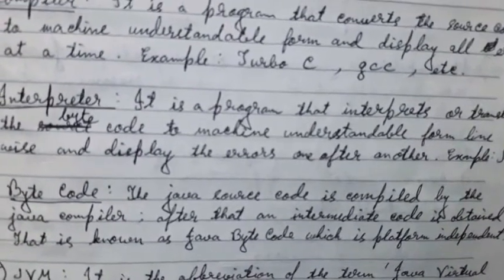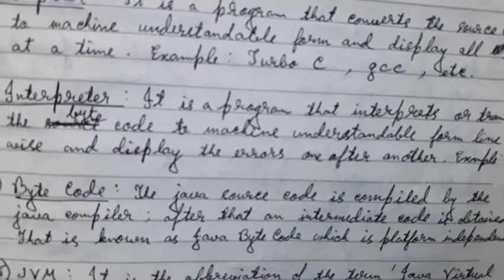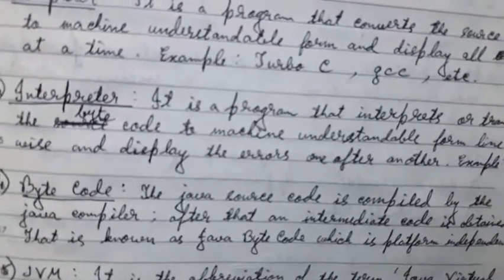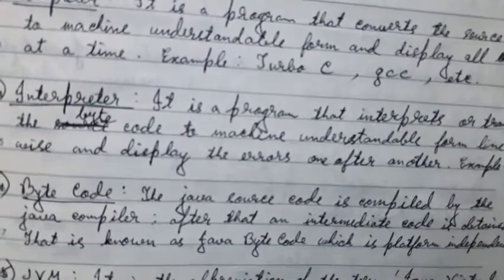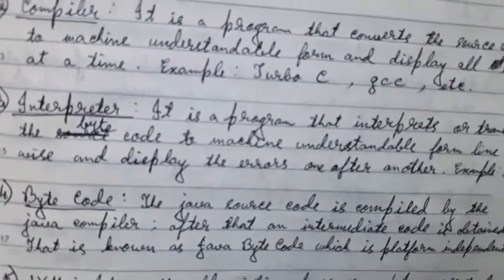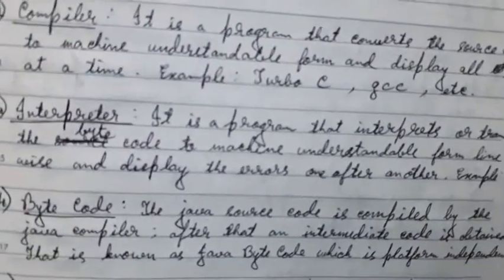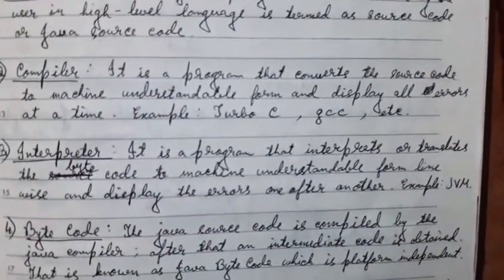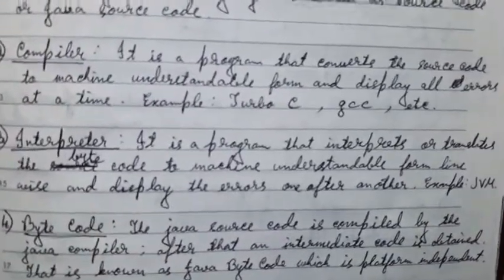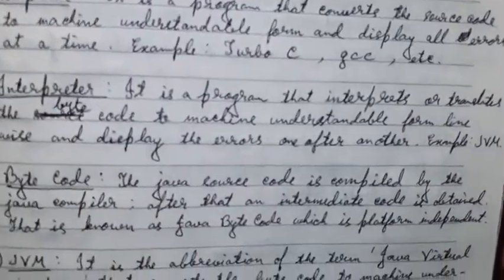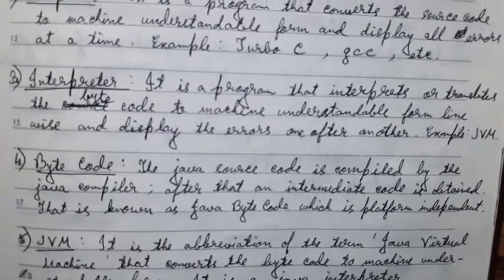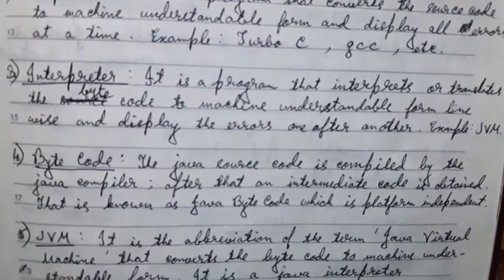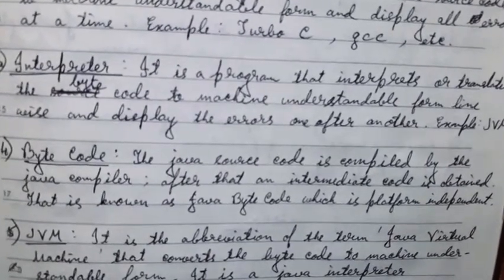After that the intermediate code is obtained. That bytecode is not actually a binary conversion. It is not the final step of converting, it is the intermediate step. It's not actually the binary conversion.